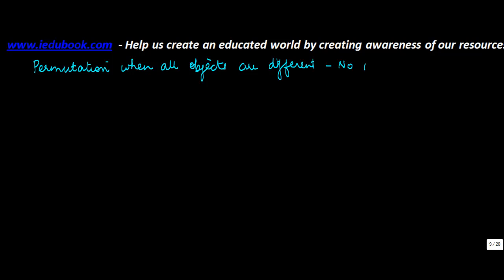Now let's see the formula of permutation in case where all objects are different, which is also referred to as no repetition.